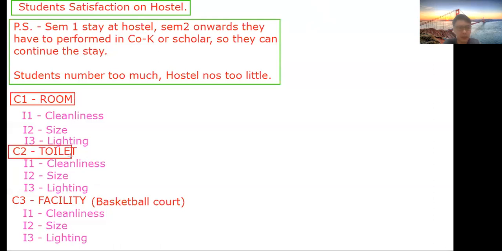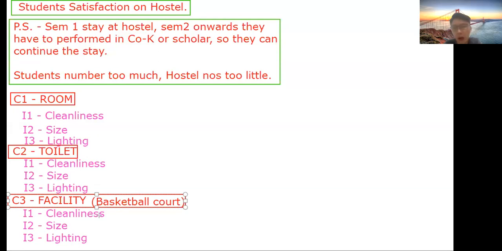Construct means they are the categories. They combine these items, they group them into one group. Construct 1, group 1; construct 2, group 2; construct 3, group 3. So these are all the constructs C1, C2, C3.